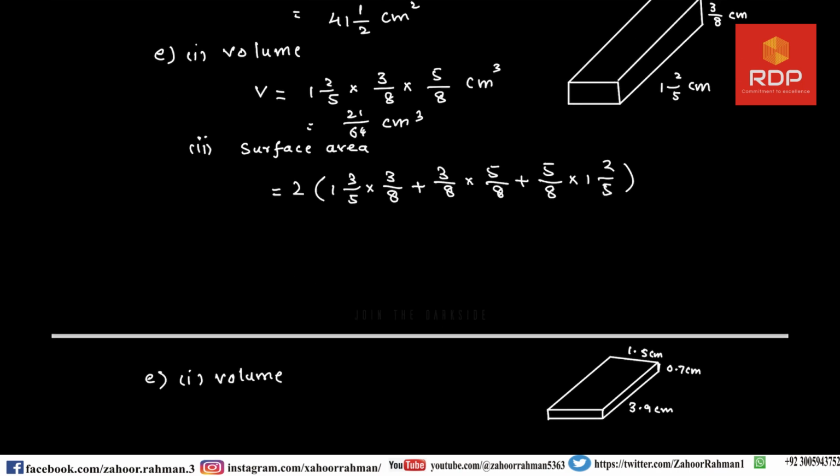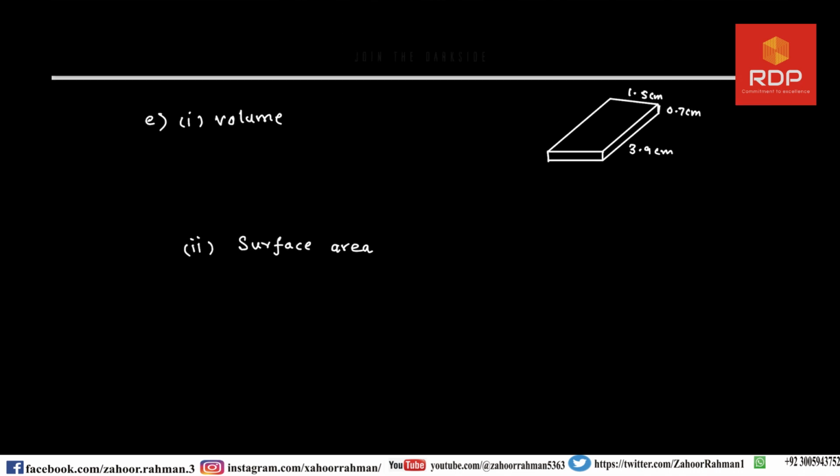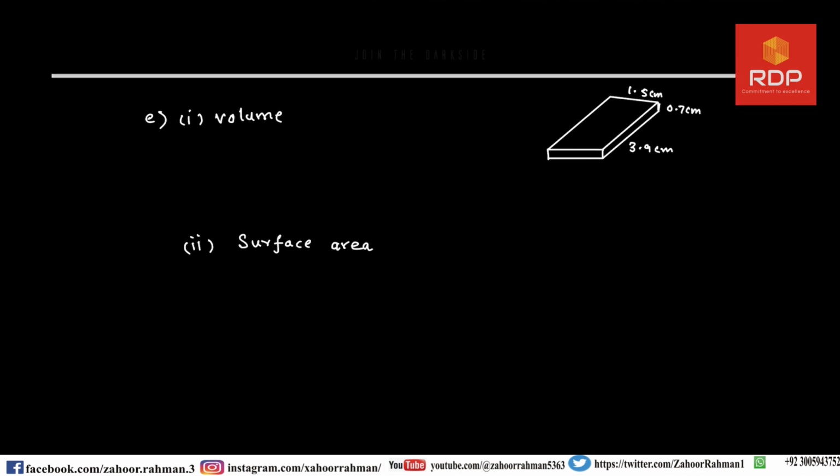And when we calculate this, we will get what? We will get 3 whole and 43 over 160 centimeter square. The final part for today is part number F.